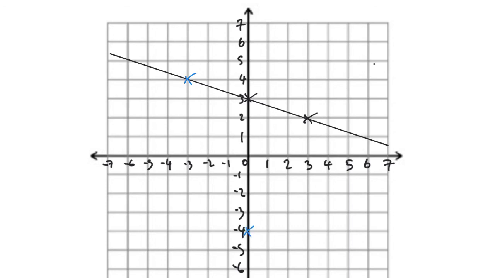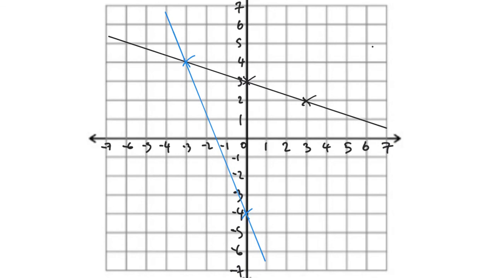We can join those up to form this line. And the last line had coordinates of (0, -4), (2, 0) and (4, 4). Joining those up, we get this line.